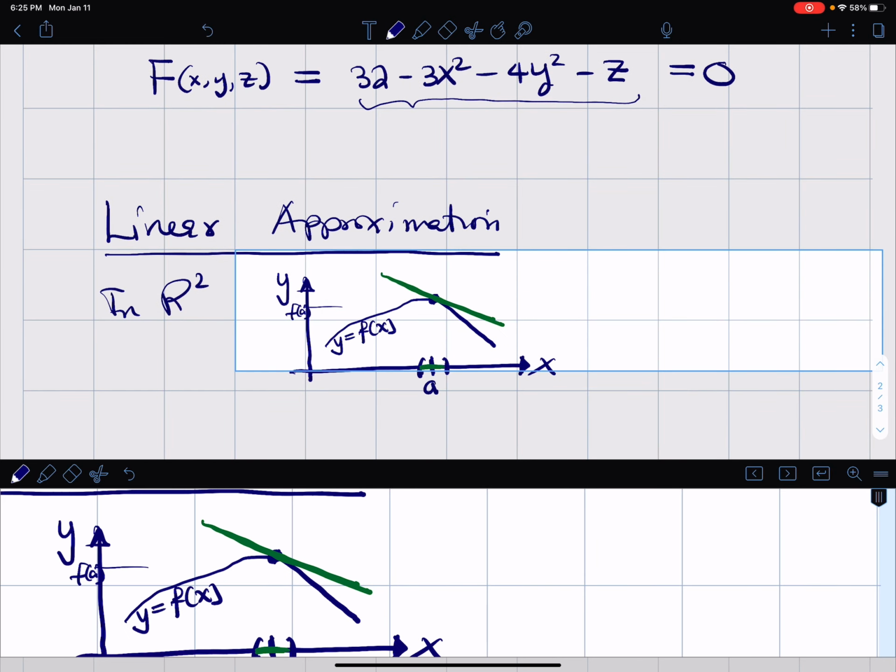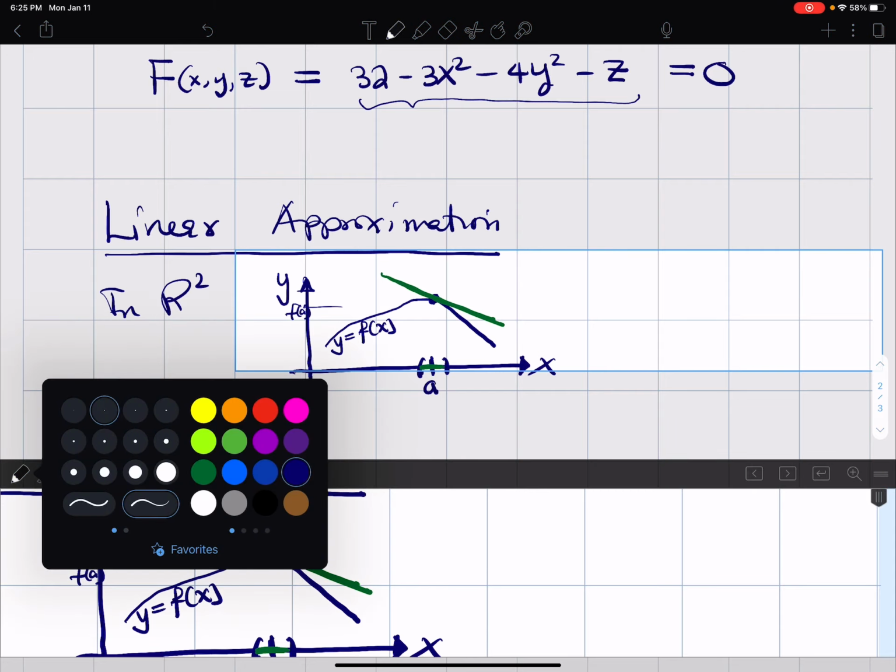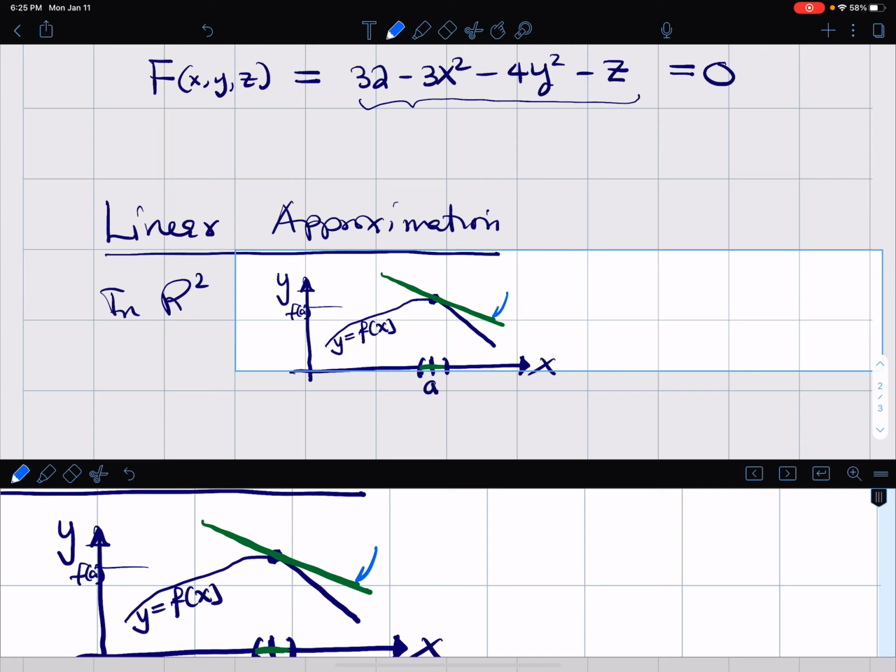And we know how to do that. We know that the derivative f prime at A is the slope of this line.